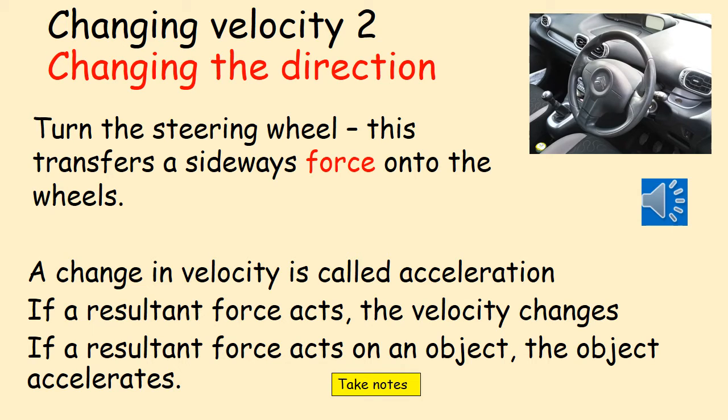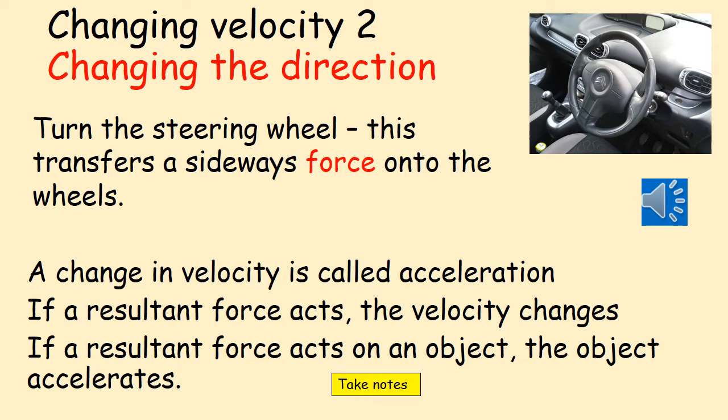Now the bit in the second half of this slide is very, very important. You need to learn this one and be able to apply the principle to different situations. First of all, in physics, a change in velocity is called acceleration.